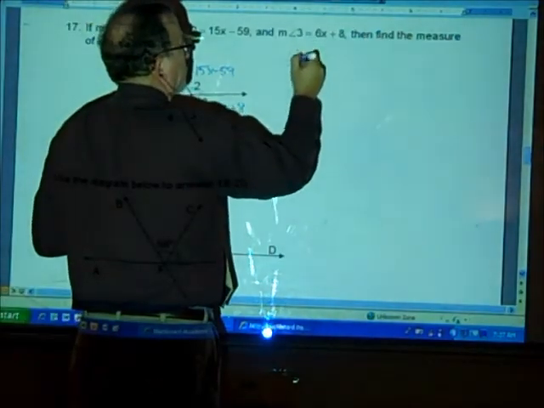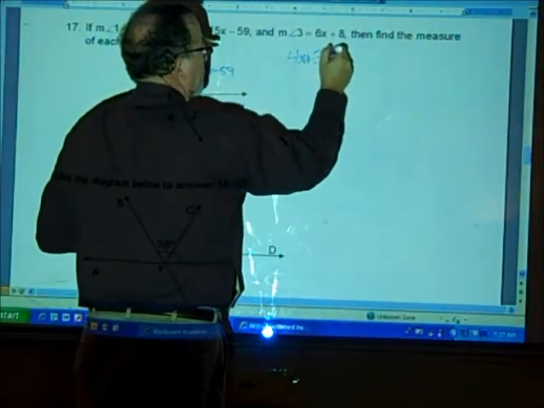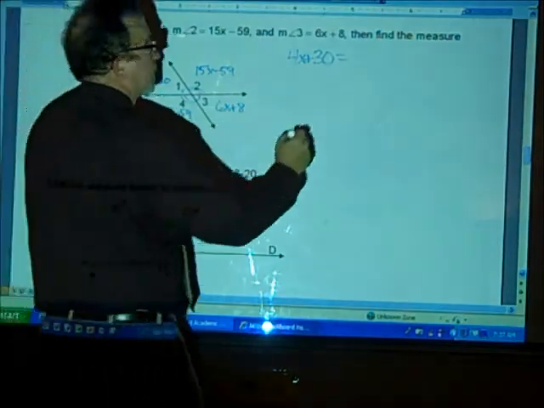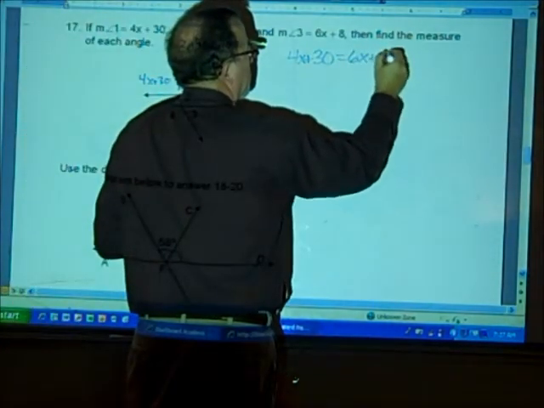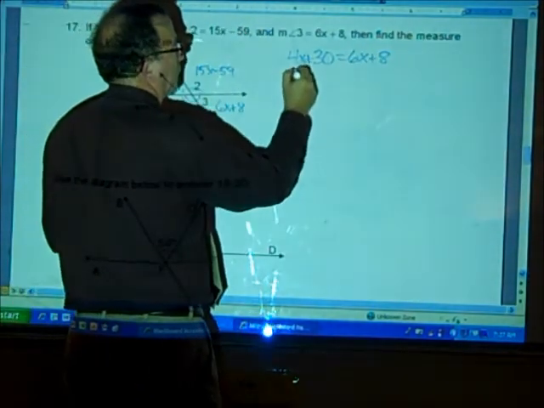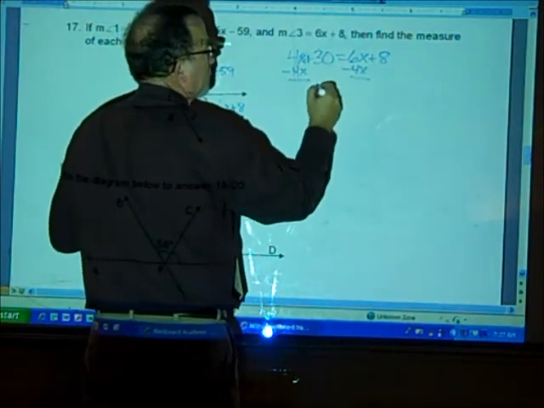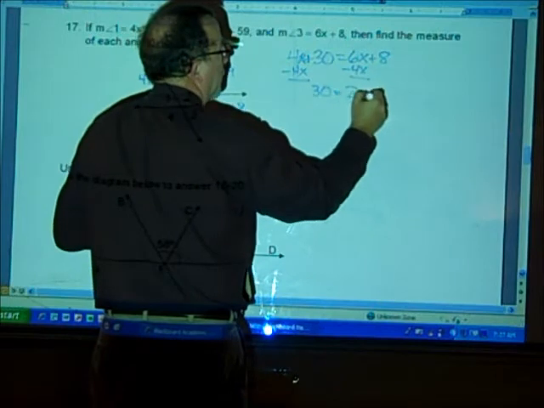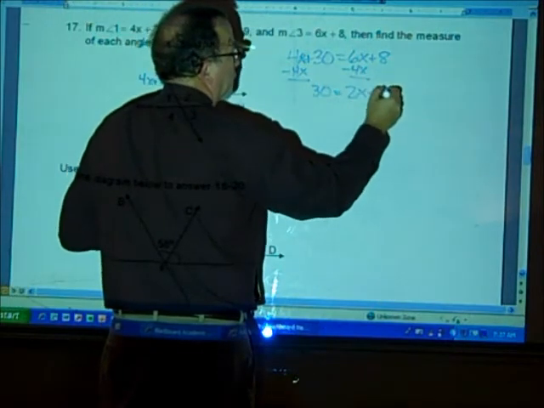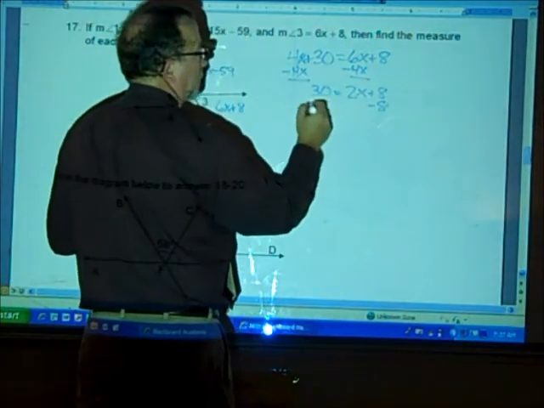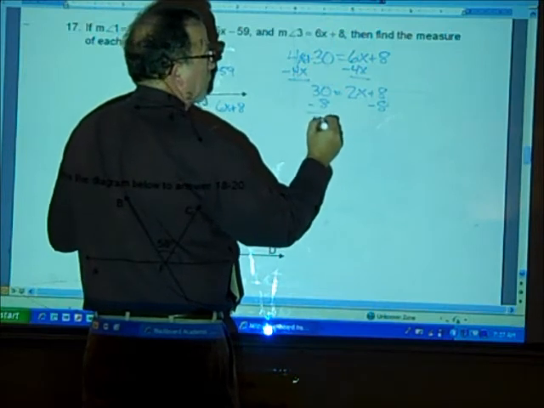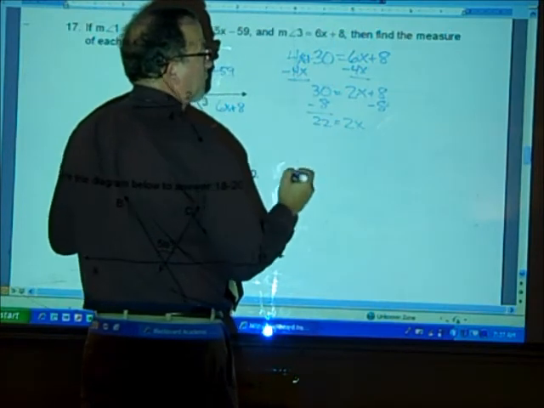We're going to do 4x plus 30 equals 6x plus 8. Solve for x. We're going to subtract the small x from both sides. It's gone. 30 equals 2x plus 8. Subtract 8 from both sides. We've got 22 equals 2x.